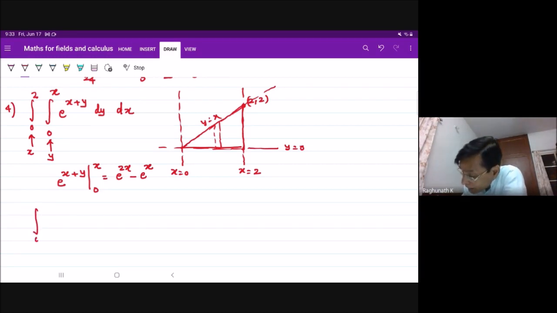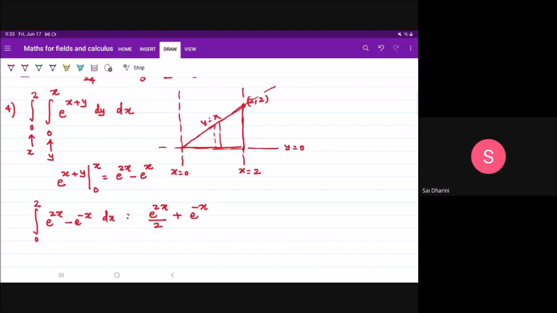Now it is integral 0 to 2 e power 2x minus e power x dx is equal to e power 2x by 2 plus e power minus x, correct? E power minus x by minus 1. E power x.